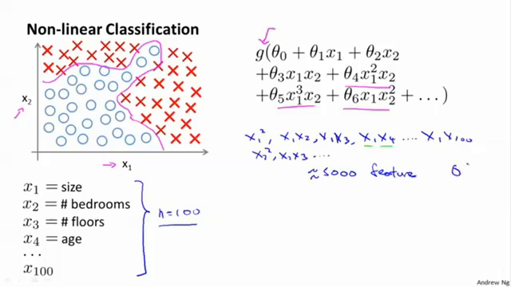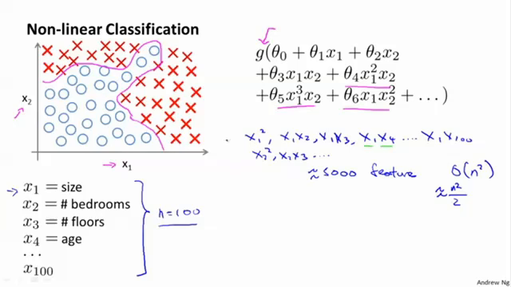And asymptotically, the number of quadratic features grows roughly as order n squared, where n is the number of the original features, like x1 through x100 that we had, and is actually closer to n squared over 2.